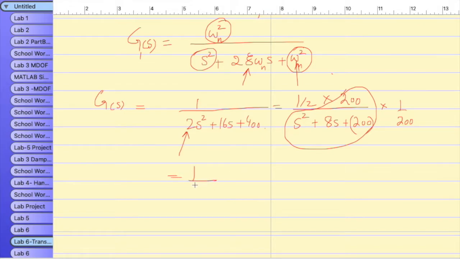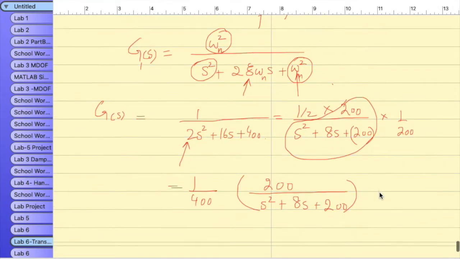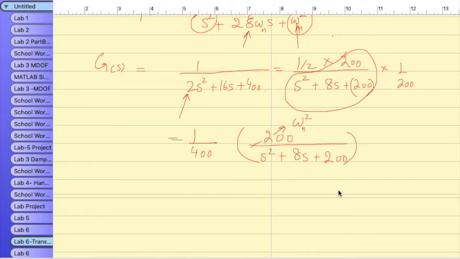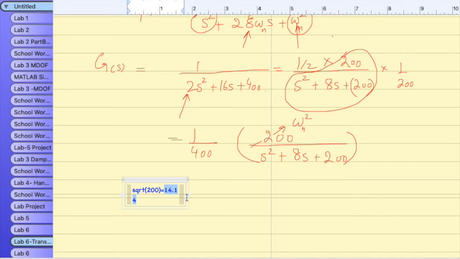So I can rewrite the actual transfer function this way: 200 over s² + 8s + 200. Now it is very convenient to define omega n squared, and I can write the square root of 200 as the natural frequency. This is in radians per second. This is my natural frequency.